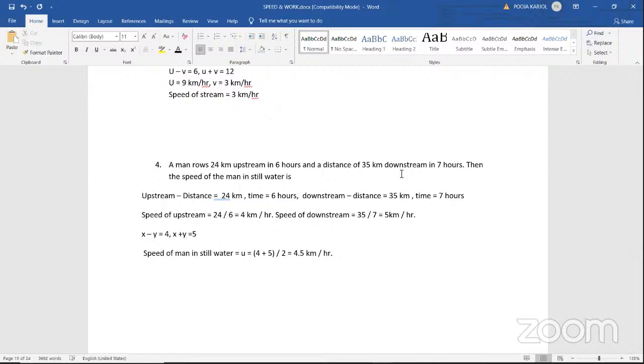So they have asked for X. X is the speed of the man who's rowing. Okay, Y is the speed of the water. That we saw in the formula. I generalized it to boat. It could be a boat which is running, or a person rowing, or a person swimming. It could be anyone. So X is the speed of the man or speed of the boat, whatever it is, without the influence of water. Y is the speed of the water. Okay. Understood?